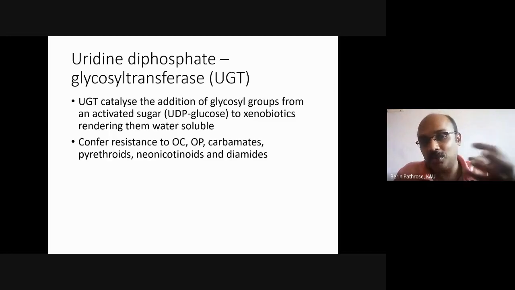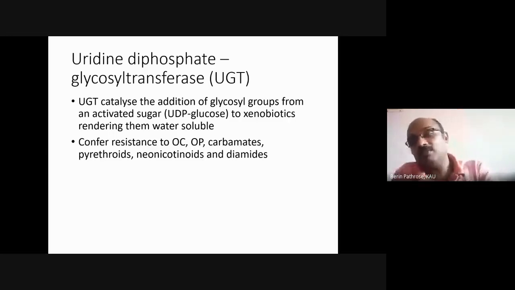Once a glycosyl group from a sugar molecule is transferred to the pesticide, that pesticide becomes hydrophilic and can be easily excreted, because sugar is one of the most hydrophilic compounds, so it becomes easily water soluble.